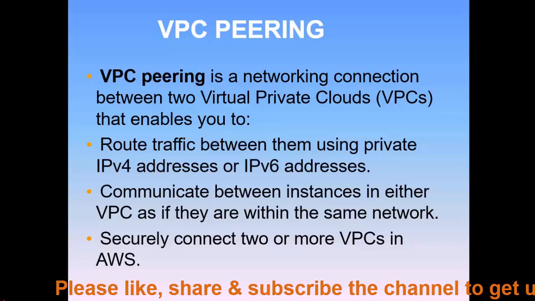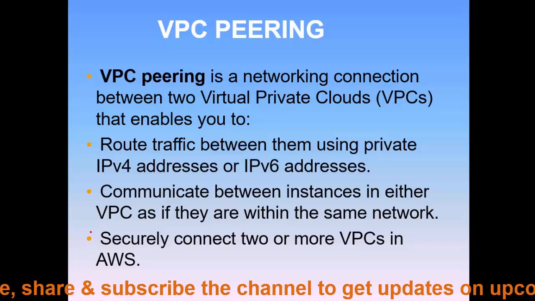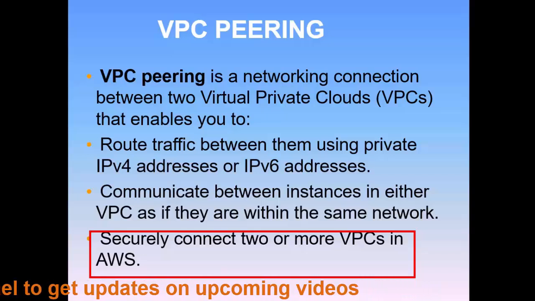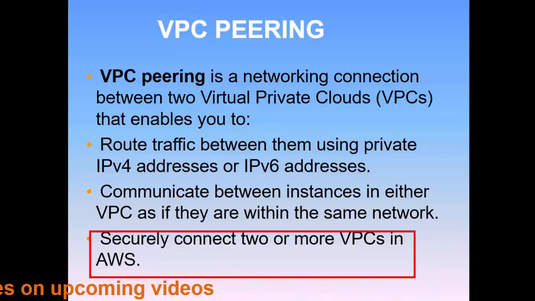Securely connect two or more VPCs in AWS. Using the public IP, no doubt we can communicate. But here we are using private IP to communicate between different VPCs.